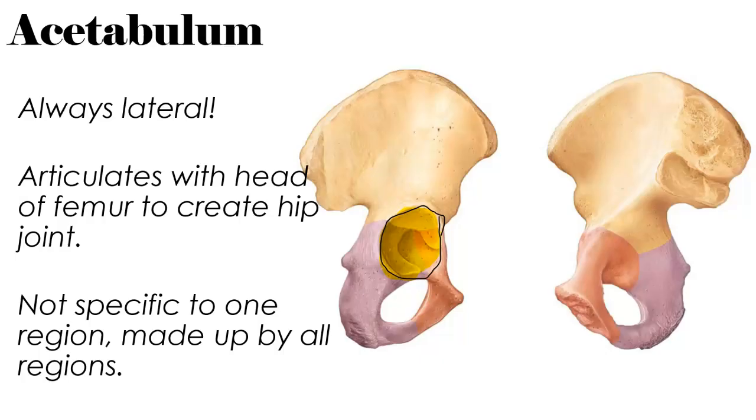Another thing, not a huge deal, but the acetabulum does not belong to one specific region. So we will see a couple bony markings that are specific to one region. This one, as you can tell in the color codes, it's a little bit ilium, a little ischium, a little pubis. So I might ask you something like, does this bony marking belong to one specific region? You would say no, it's made up of all.